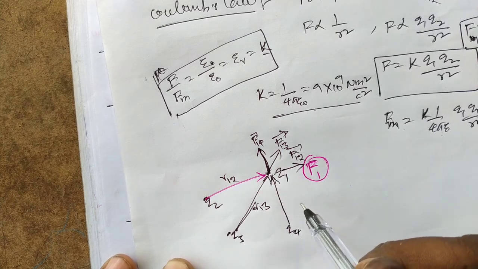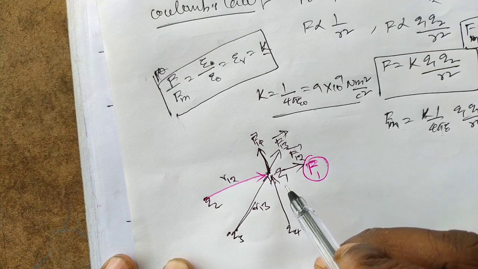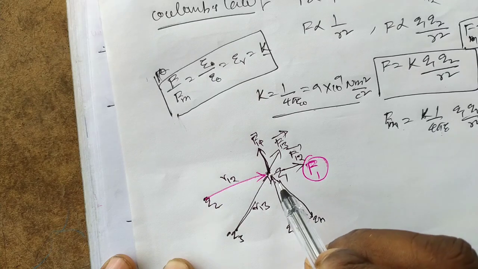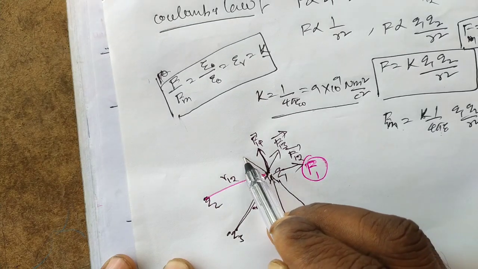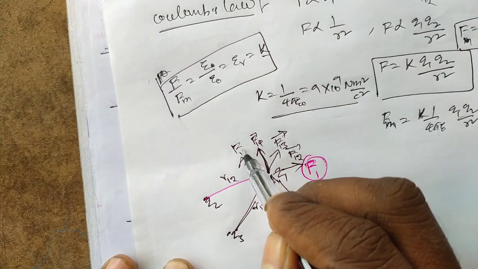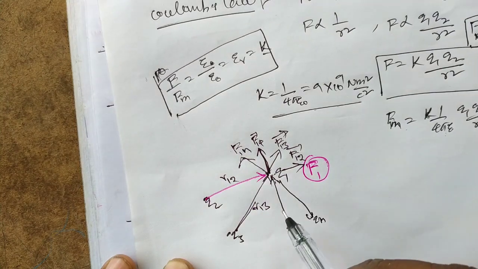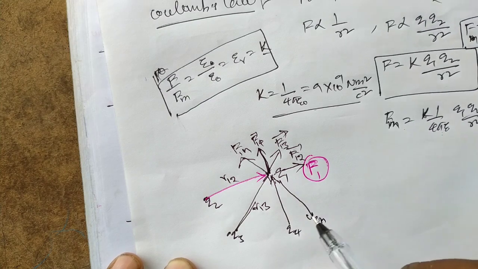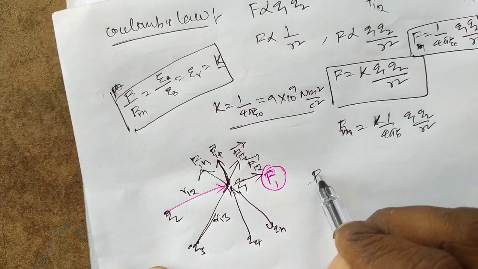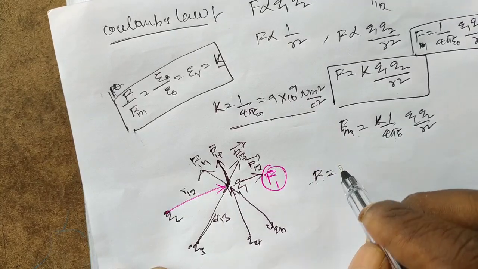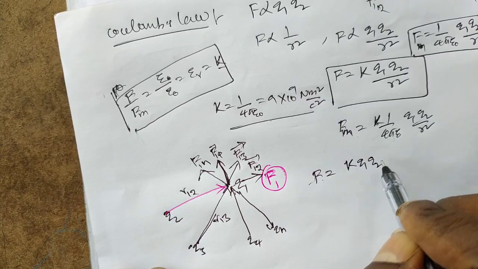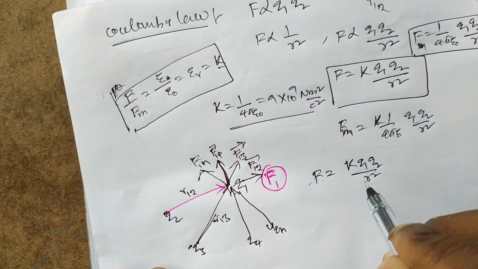Suppose the system has a number of charges, up to Qn. On the first charge Q1, the force is F1n. We can write down the general formula from Coulomb's law, F is equal to K Q1 Q2 by R square.